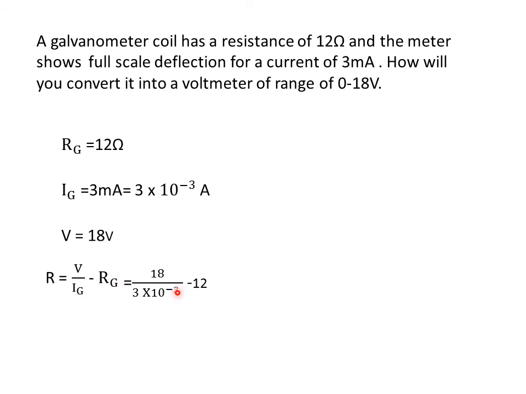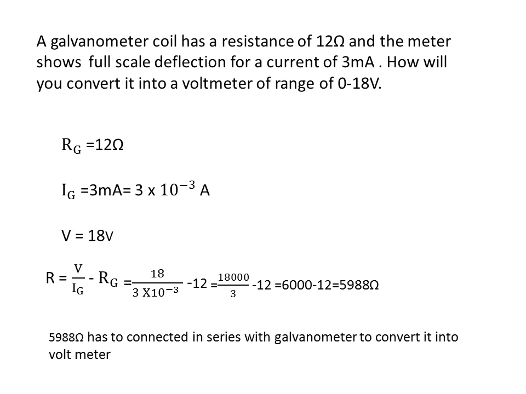Taking 10 raised to minus 3 upwards, we have 18,000 by 3 minus 12, that is 6,000 minus 12, that is 5,988 ohm. So a resistance of 5,988 ohm has to be connected in series with the galvanometer to convert it into a voltmeter.